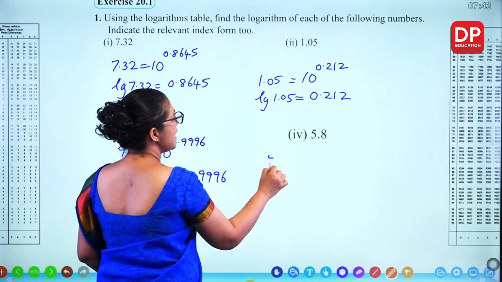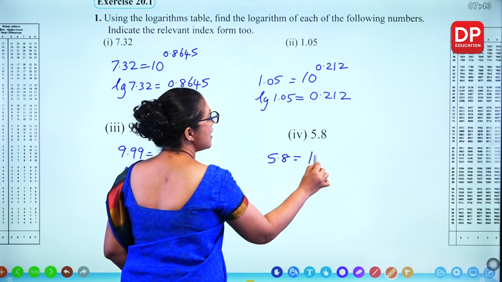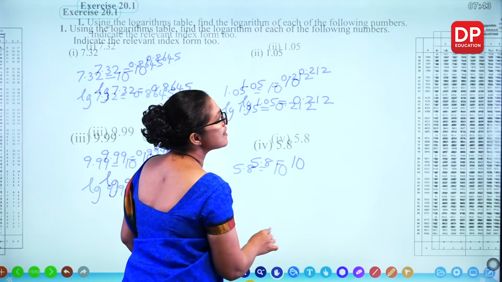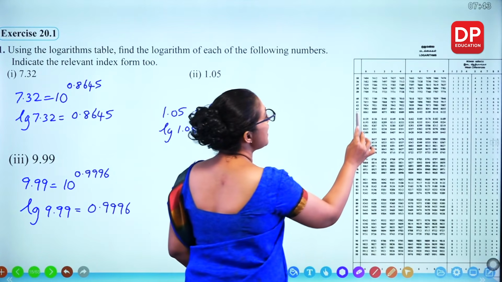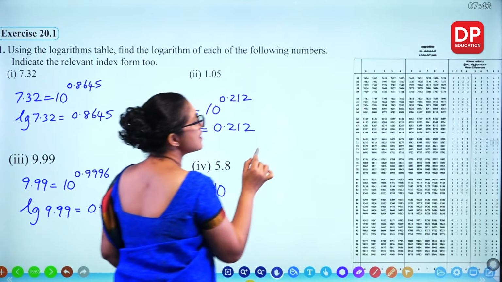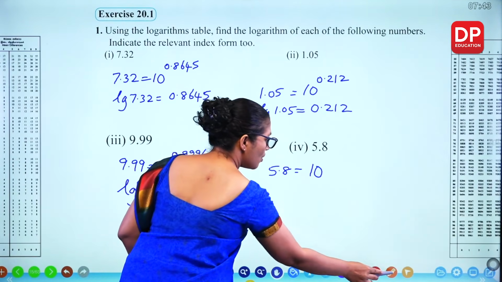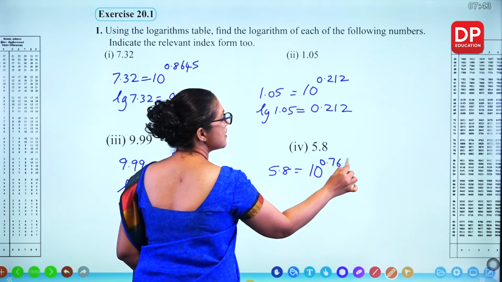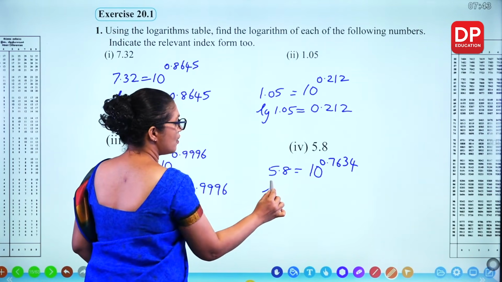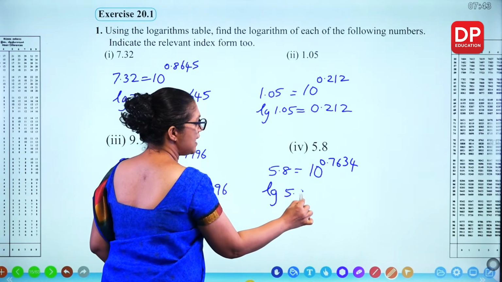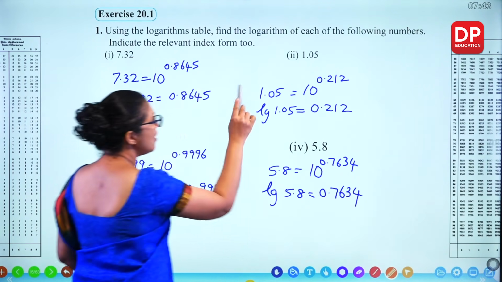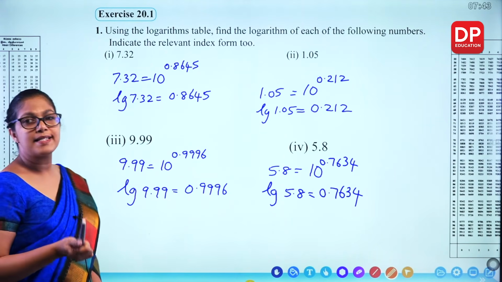So how can we write 5.8 as base 10? 580. Take the second table, 580 gives 7634. So LG of 5.8 is 0.7634. All these numbers are less than 10.